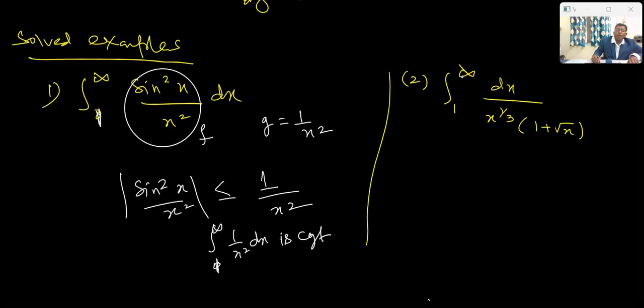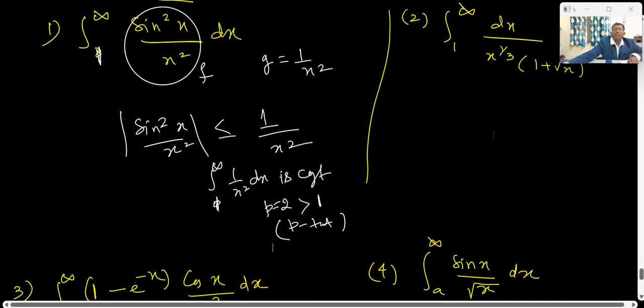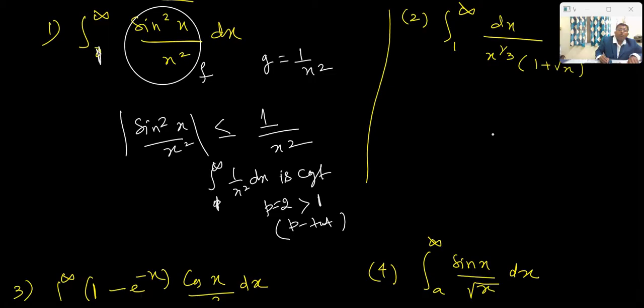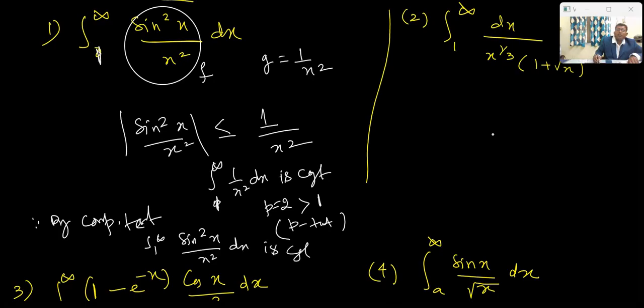Why? Because p is equal to 2, greater than 1, by the p test. Once this is convergent, by comparison test, your integral from 1 to infinity of sin square x by x square dx is convergent, right?